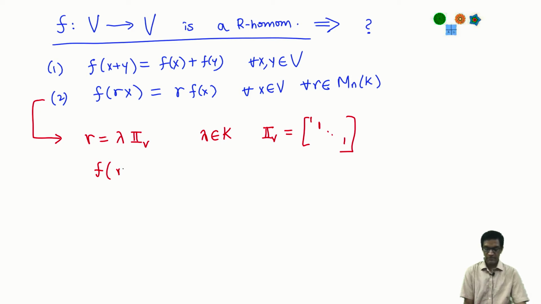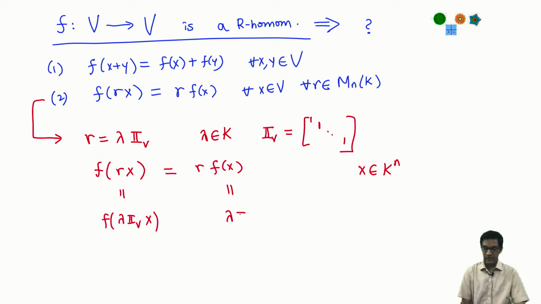I have f of Rx should be R fx. Now f of Rx by definition is f of the matrix lambda times identity multiplied with the column vector x. The right hand side is, again, lambda identity multiplied with the column vector fx.